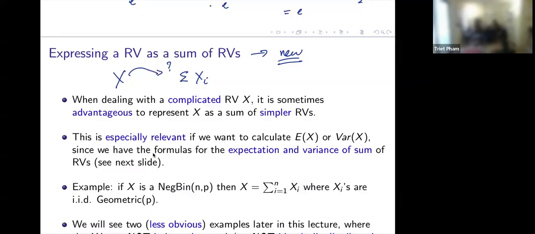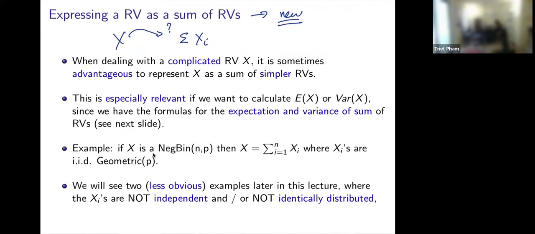The technique is the same, the theory is the same, but the direction is reversed, or rather the challenge is to answer this question: I have a complicated random variable, I want to express it as a sum of simpler random variables.